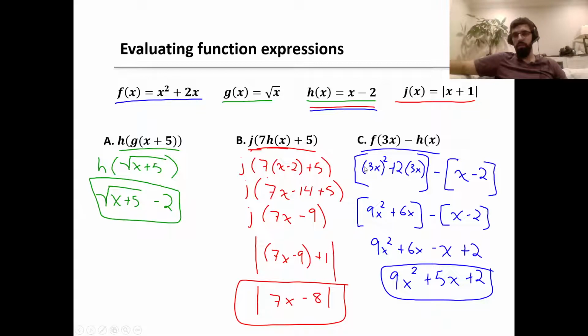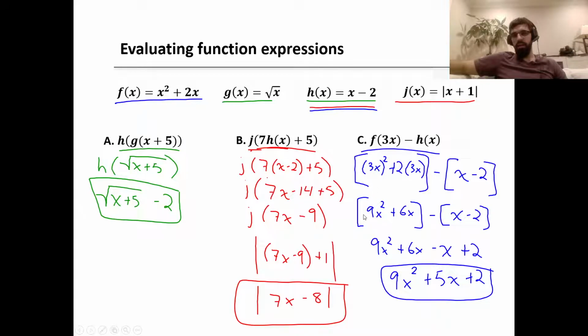Notice the 3x is in brackets, so when we take the 3x to the power of 2, it's going to be 3 to the power of 2 and x to the power of 2, which will yield 9x squared. We're subtracting h of x, so we'll substitute h of x with x minus 2, and put subtraction between the two.